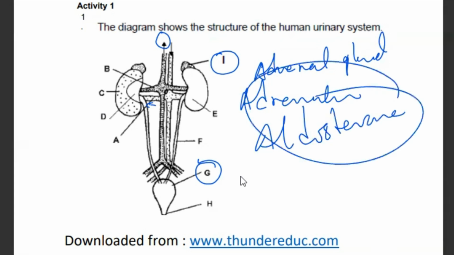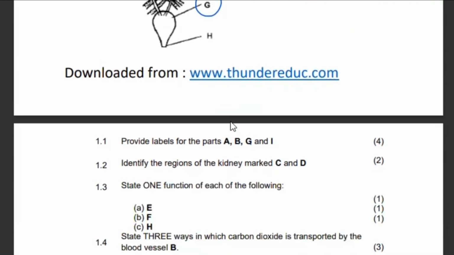It produces these two hormones, and we saw the functions of those hormones: this one is for emergency, while this one is for reducing the amount of salt in the body.